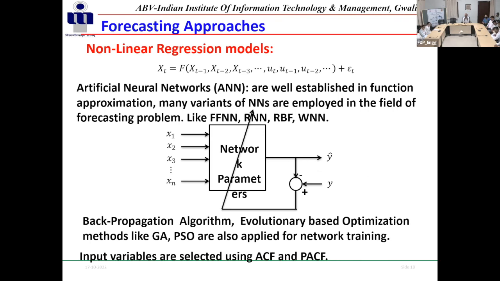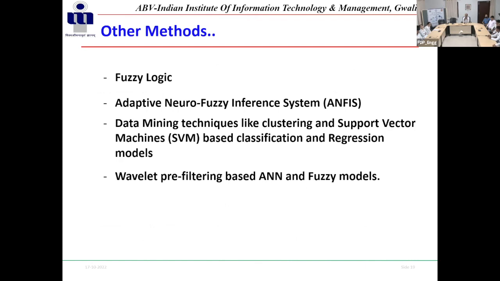These are evolution-based optimization methods, and these are also digital technologies. They give very exact and very good forecast information. Other methods are also there, like fuzzy and adaptive neuro-fuzzy. People keep trying different approaches to improve the accuracy.